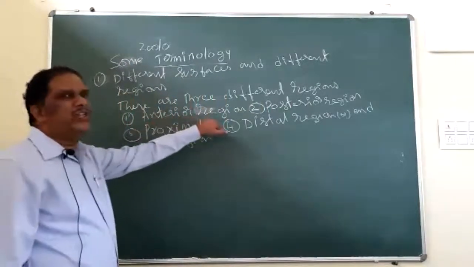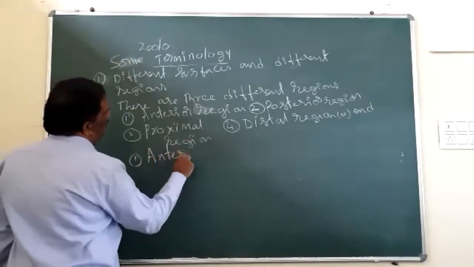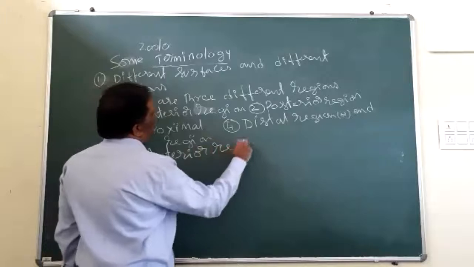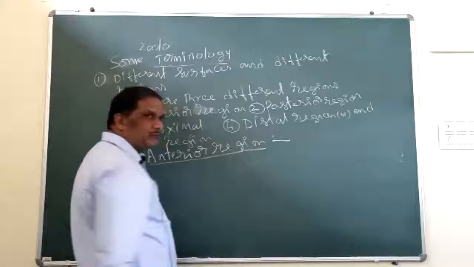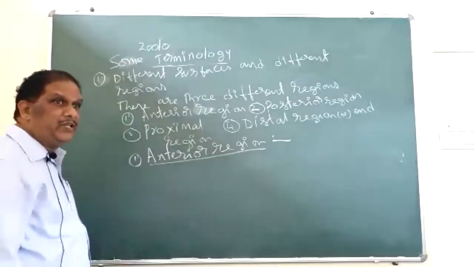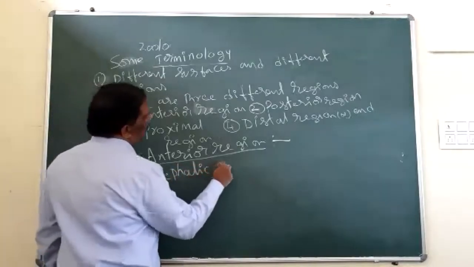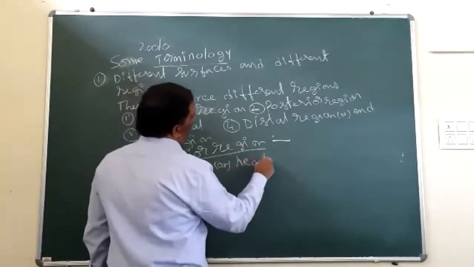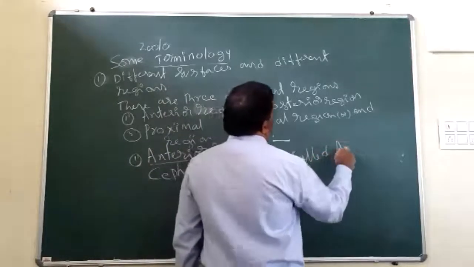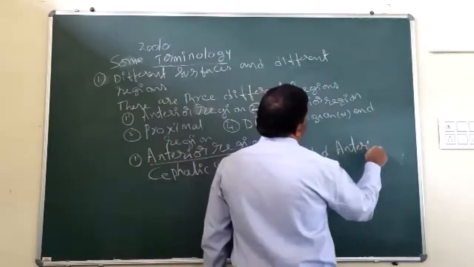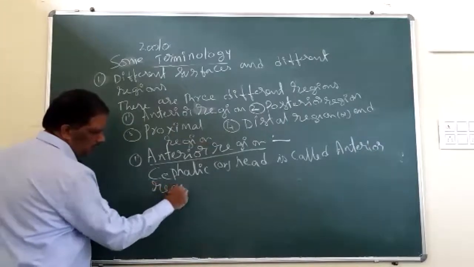What is the anterior region? Cephalic or head region is called anterior region.